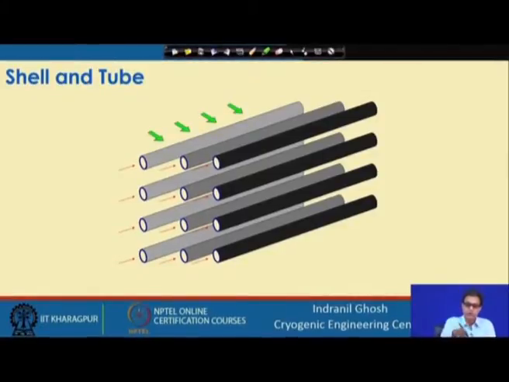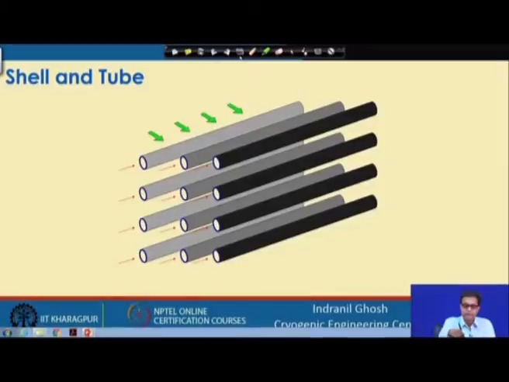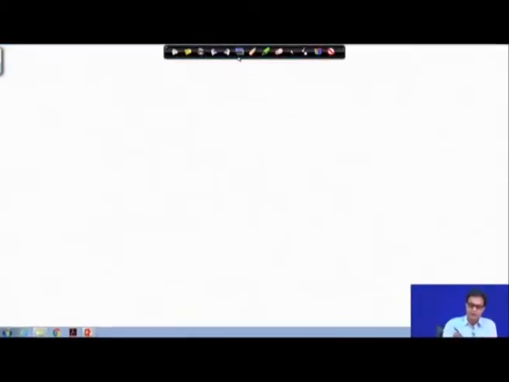So, what we need to look into is the internal flow, and sometimes we also need to look into the external flow. So, one fluid is flowing inside this tube.